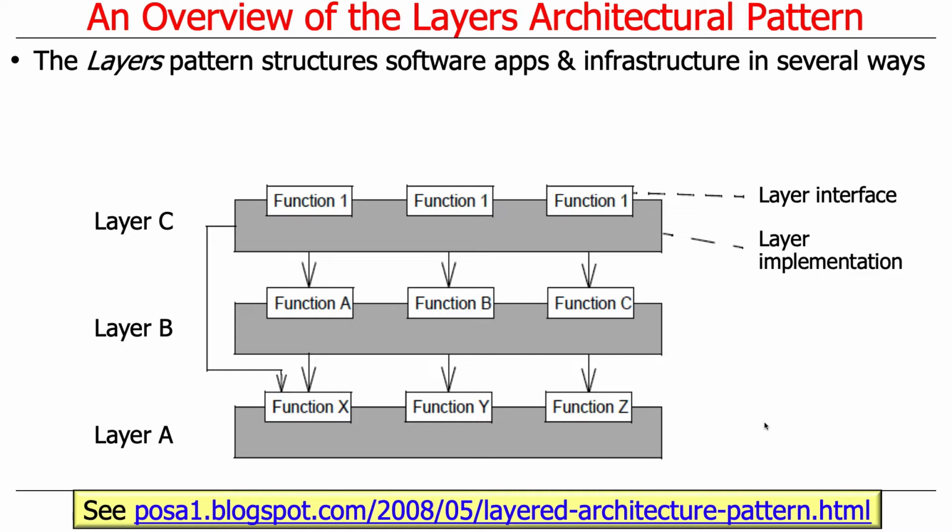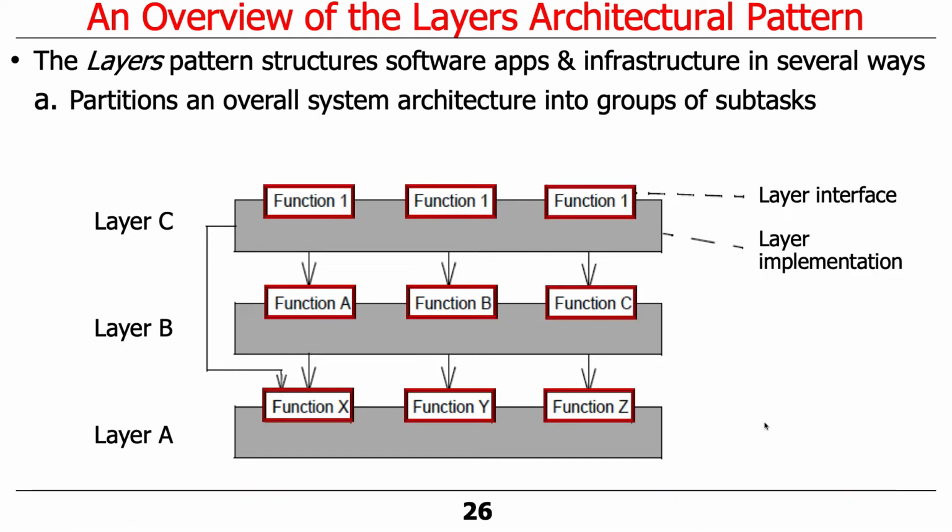You end up with layers. As you can see here, we have some layers. At each layer, you have a bunch of functions that are providing a service or a group of subtasks. And you have the interface, which is really the API. You can think of these as functions or methods or whatnot.